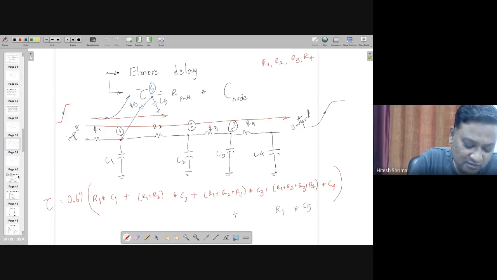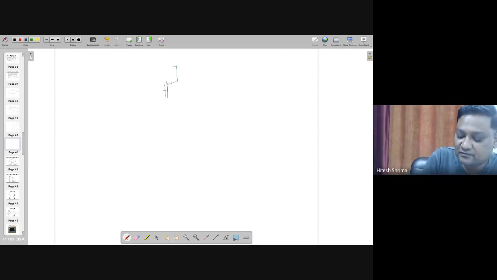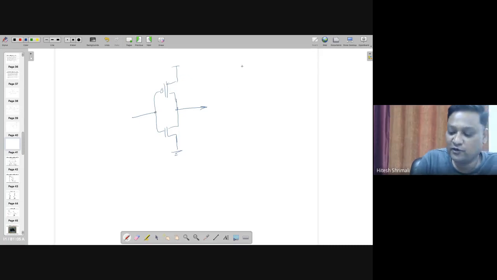Now let's look at the structure which we were working on. There is an inverter which looks like this one, where NMOS and PMOS have been kept in such a way that you can have full swing from VDD to ground, or you can say ground to VDD.